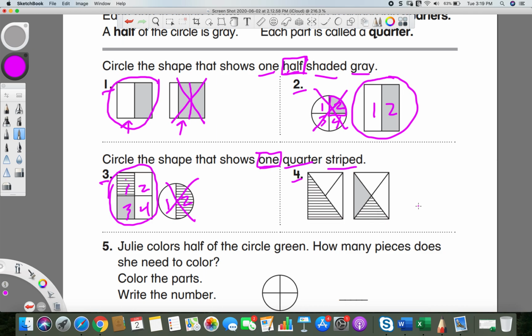All right. I think that should have been enough time. If you need more time, pause the video. If you're all good to go, let's go over this one.